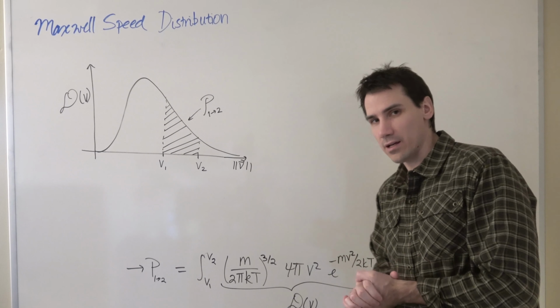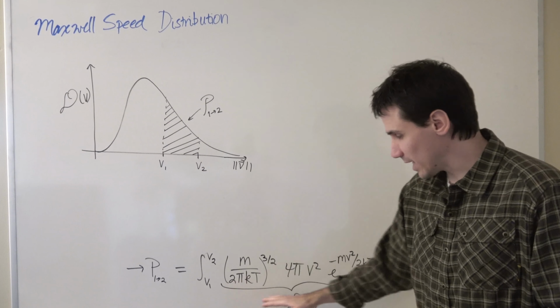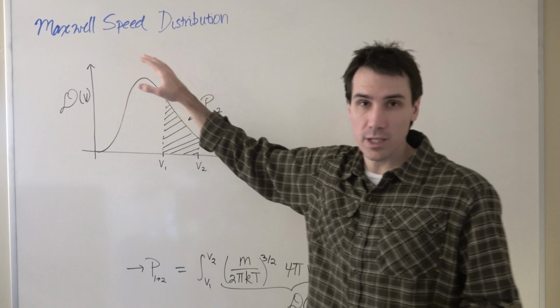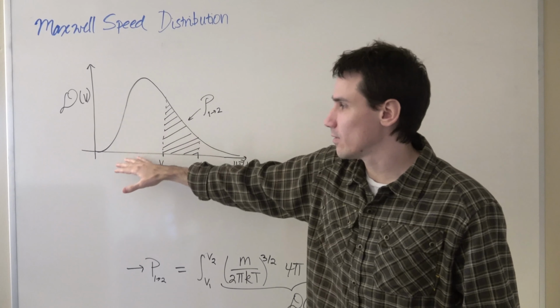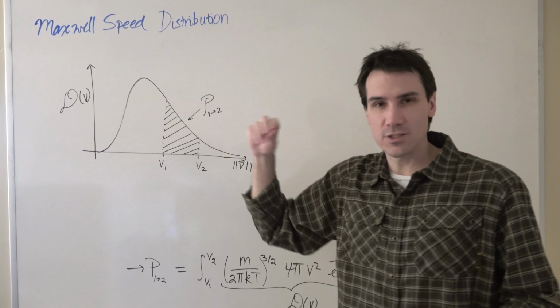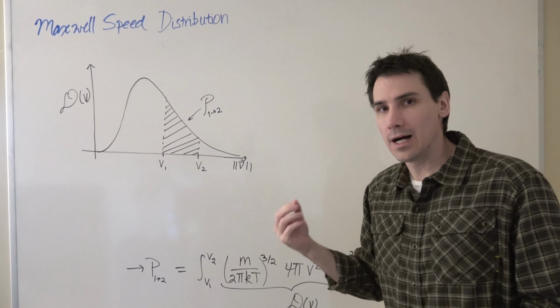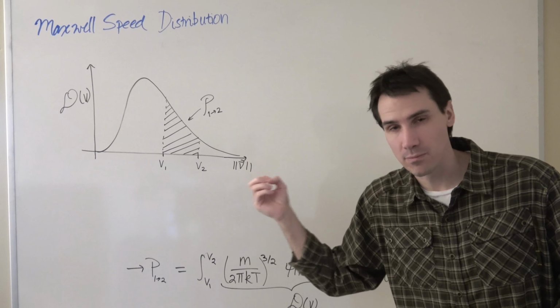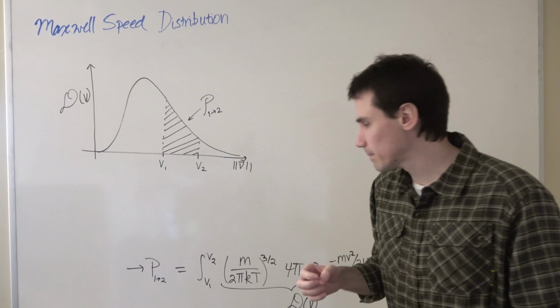So now what we have is our function inside of the integral, which is actually called the Maxwell speed distribution. And it looks like this. The height of the graph represents the relative probability of a particle having some given velocity, magnitude of velocity, or speed.